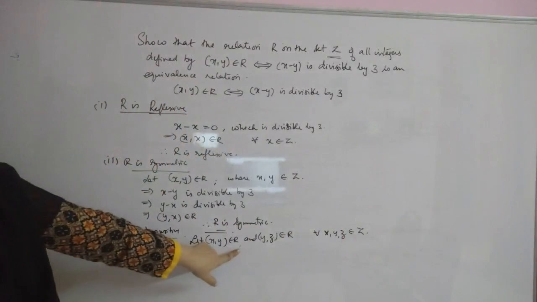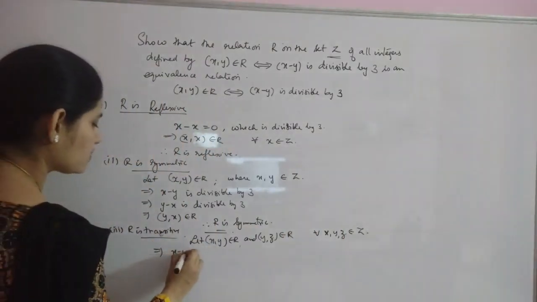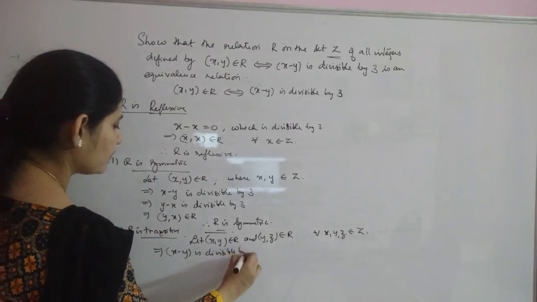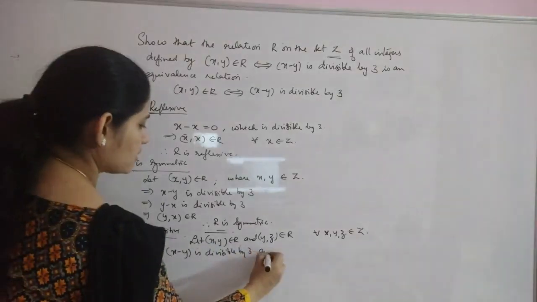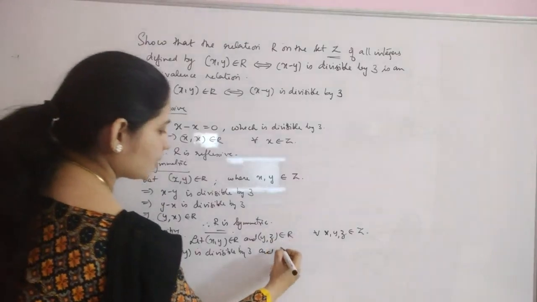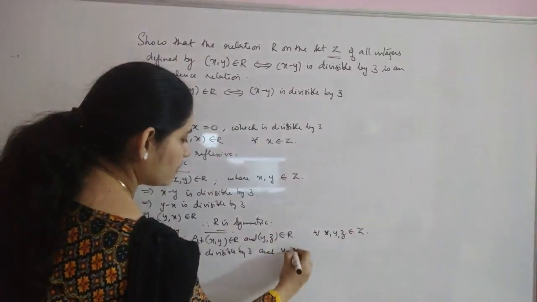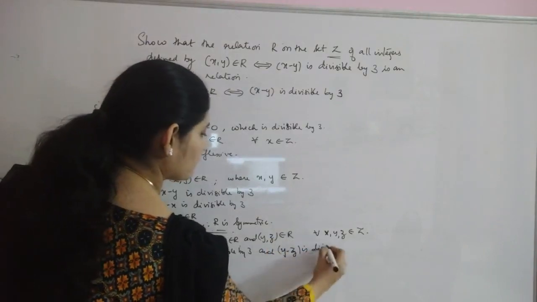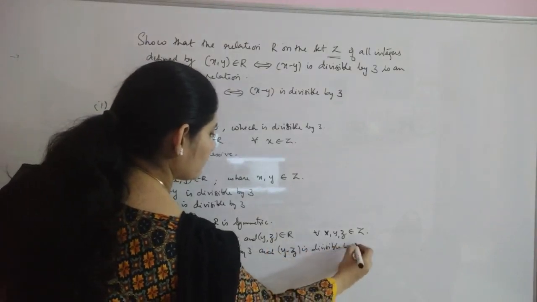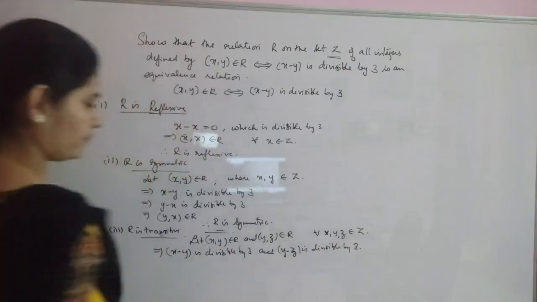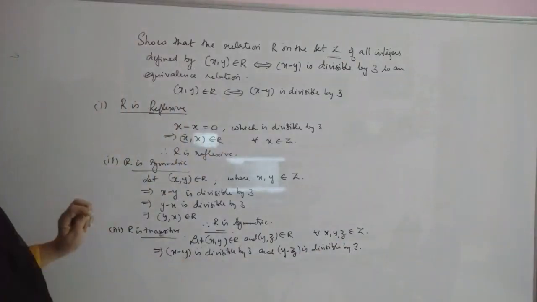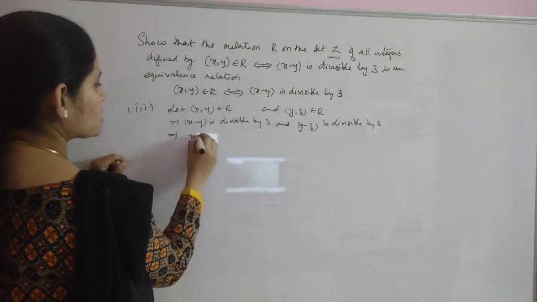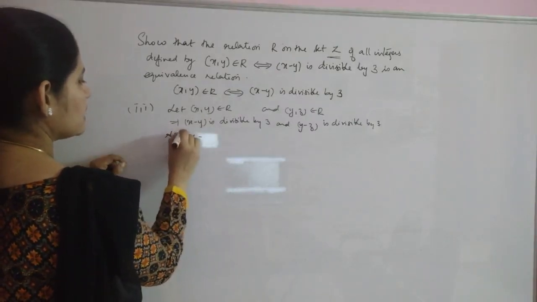Now xy belongs to R means x minus y is divisible by 3, and yz belongs to R means y minus z is divisible by 3, right? Now we are just starting with x minus z.